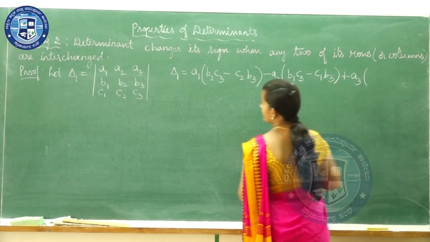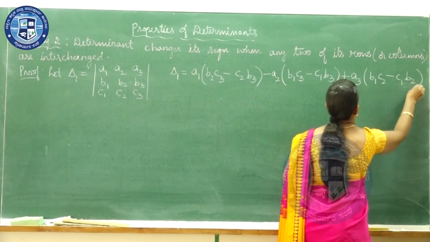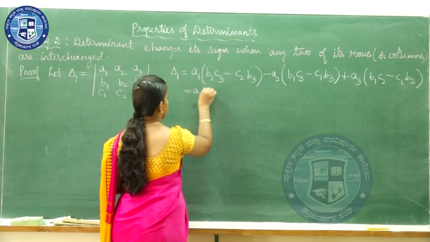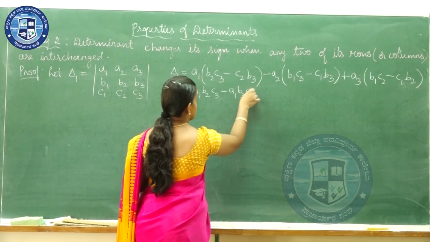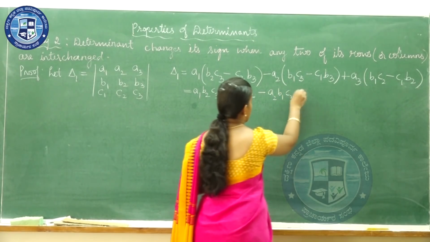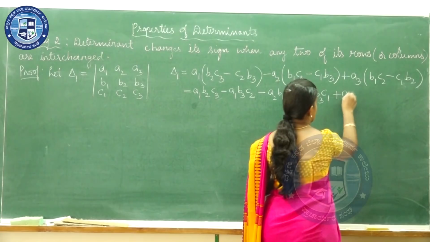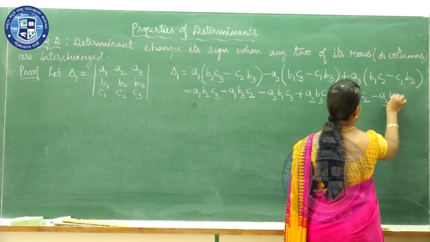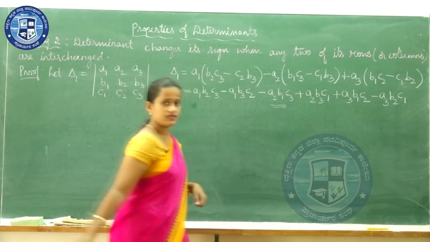So A3 into B1 C2 minus C1 B2. Let us simplify this as before. A1 B2 C3 minus A1 B3 C2 minus A2 B1 C3 plus A2 B3 C1 plus A3 B1 C2 minus A3 B2 C1. Let us keep this as it is.